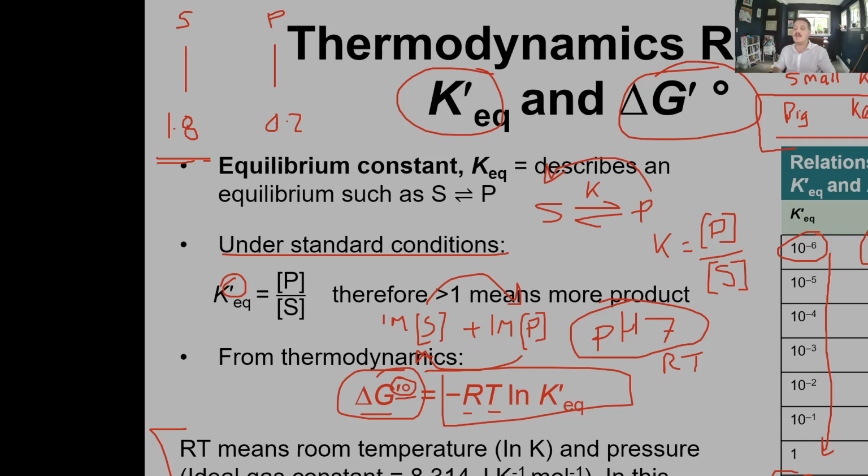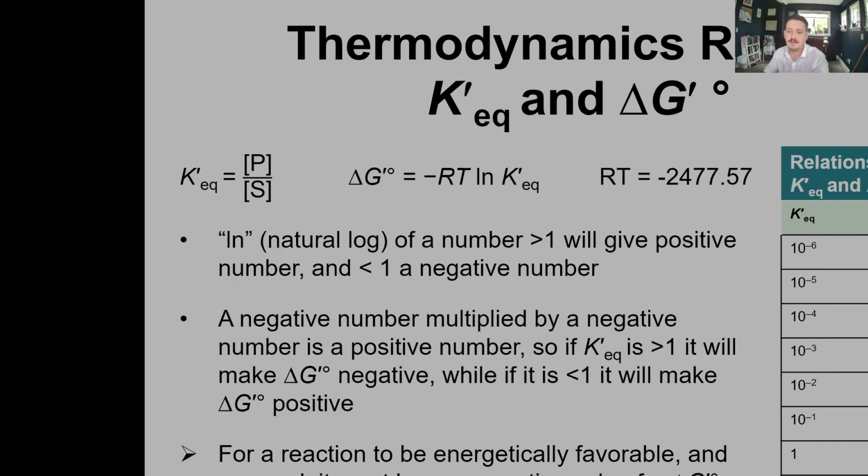And remember what we say about delta G. When it is negative, the reaction is going to proceed forwards spontaneously, because you've got a big KEQ. The equilibrium constant is proceeding forwards, making more product, which is reflected here.